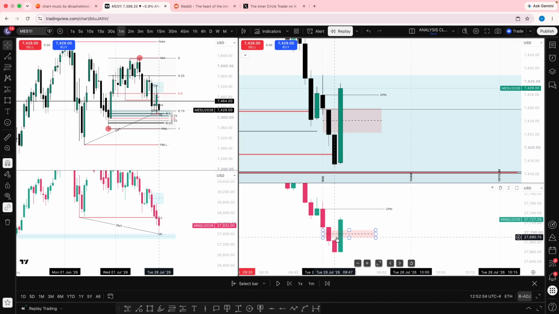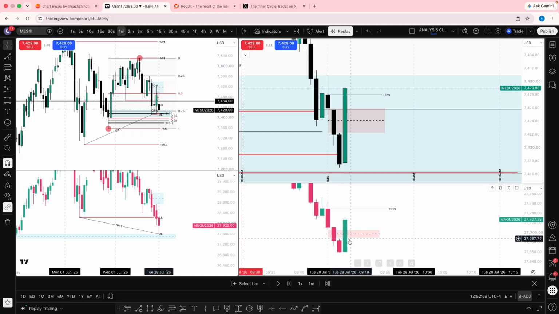Okay, now in order for the CSD to really get a high probability setup down here, there are rules that I follow. I would want to see displacement above this inversion fair value gap. Why? Because this is a SIBI. So this PD array should keep price down.